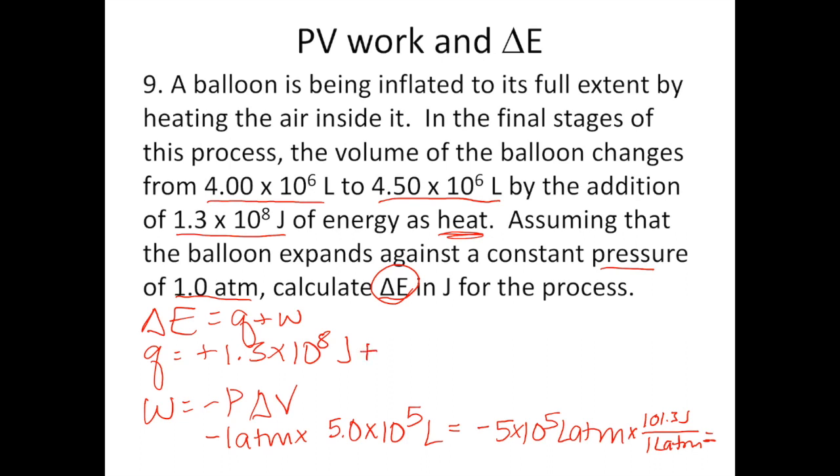My work that I just calculated is negative, and I don't even have to worry about sign here because I got my sign from my calculation, so I don't have to translate. Now we take 1.3 times 10 to the 8th joules and we're adding negative 5.1-ish times 10 to the 7th joules, and we get 7.94 times 10 to the 7 joules.